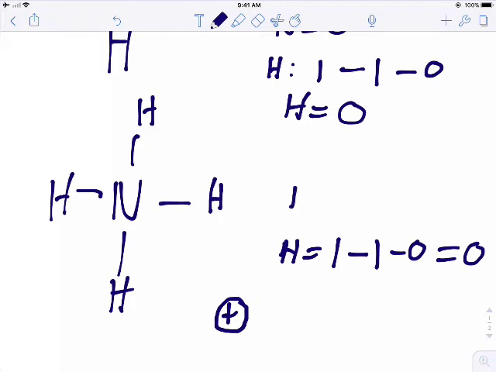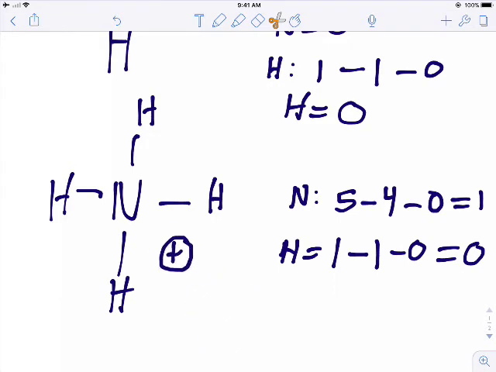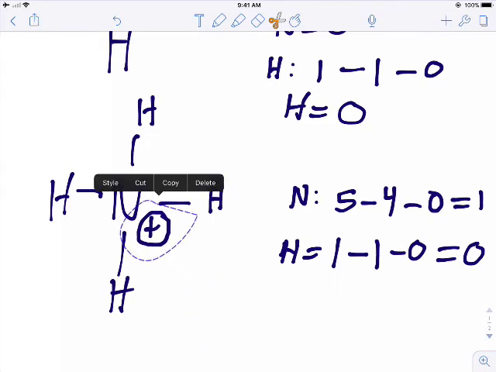If you figure out nitrogen has 5 valence electrons minus 4 bonds minus 0 lone electrons, you see that now nitrogen has a formal charge of 1. This positive charge on nitrogen, this formal charge in ammonium, actually belongs to nitrogen.